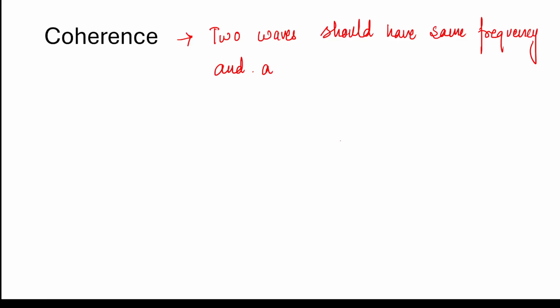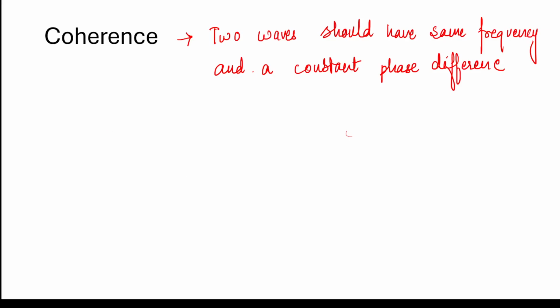So I'm just going to write constant phase difference. These are the 2 conditions for the waves to be coherent. If the waves are not coherent, you cannot get interference. You can get superposition, but that would not fall under the category of interference. For interference to happen, the 2 waves should be coherent.